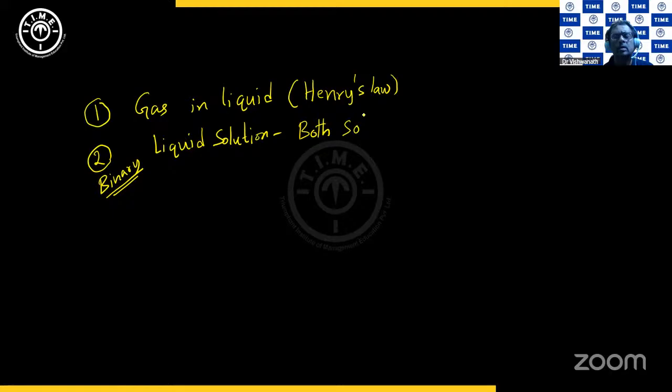Both are volatile, means they give vapor, means they contribute to the vapor pressure. So there is a vapor pressure from the solute and from the solvent. When the liquid turns into vapor, both will contribute towards the vapor pressure. So this is both volatile.